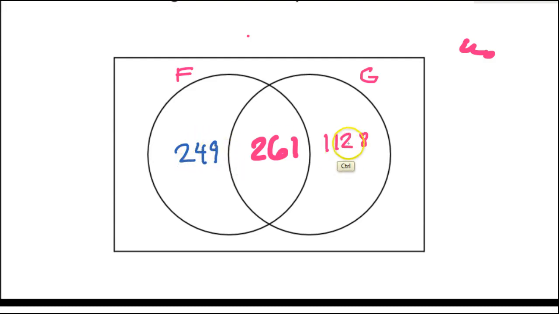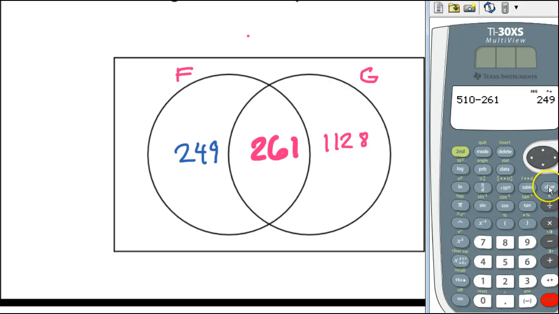So this is 249. Similarly, there's supposed to be a total of 1,128 girls. Right now we have that many, and then plus another 261. So that'll be too many in the girl circle here. So we need to subtract the 261 to find out what number to put in the right hand side. So we need to go 1,128 minus 261.